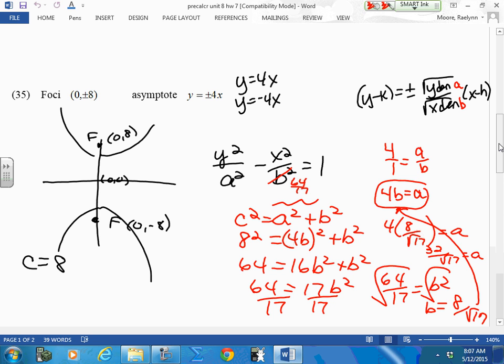And then square it to get it in here. So 32 squared, I have to look at that one, is 1024. And then 17 squared is 17.